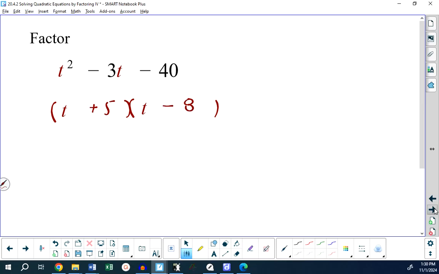Bear with me. I know that many of you will pick up on this right away, but things can get complicated here. What if I gave you this? And let's face it, x or t is just a series of squiggles on paper that means something. It stands for something. That's the nature of algebra.